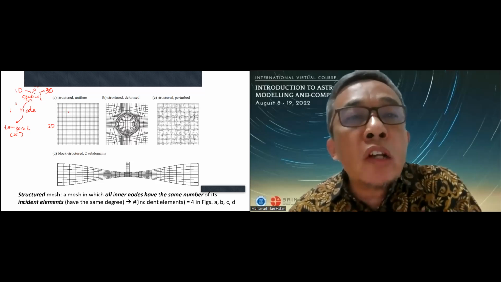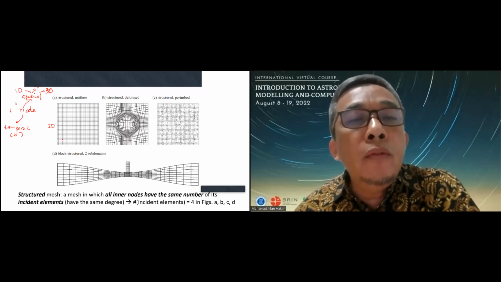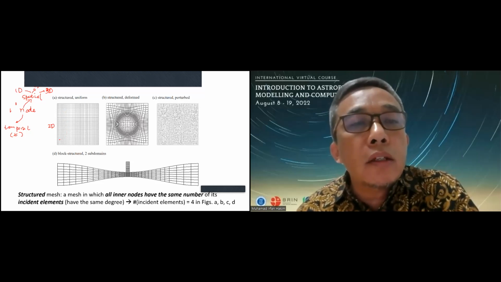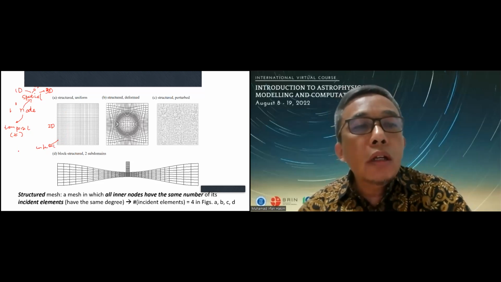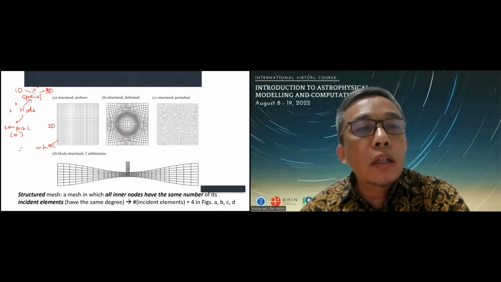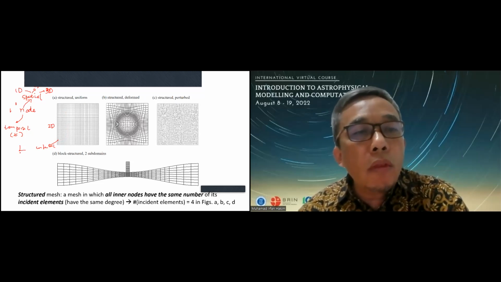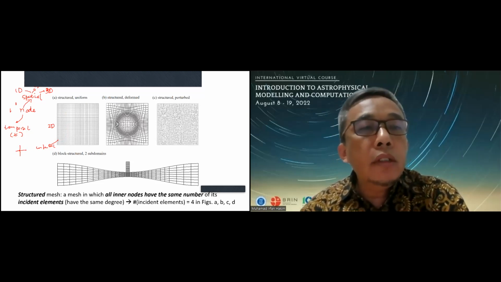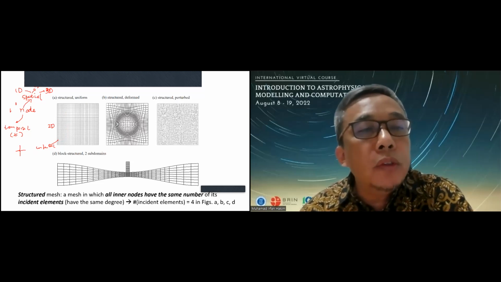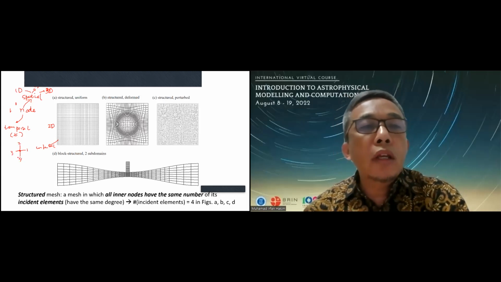We call this structure uniform because if you look at one of the internal nodes here, there are 4 incidents coming to this node. 1, 2, 3, 4.